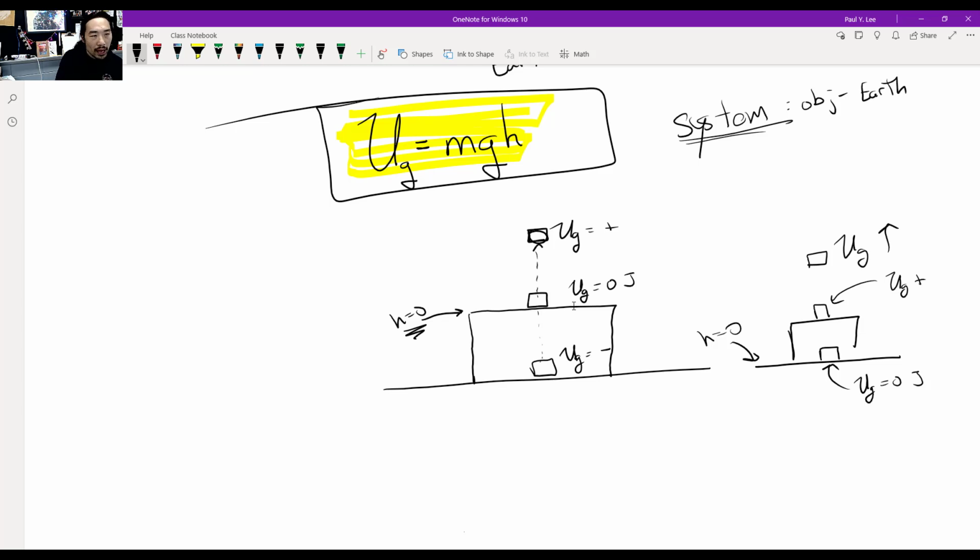The reason for that is, if you look at the potential energy formula, you need to have the object, and we have to be here on Earth, meaning that we have to consider both the object and the Earth within the context of the physics problem in order for potential energy to exist. For example, out in space, where we don't have negative 9.8 meters per second squared, we can say there is no gravitational potential energy based off of mgh. But there is a different formula for that, and we'll cover that in a later video.